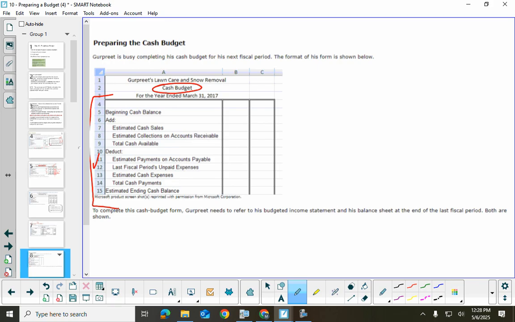We're going to add in any extra cash we're going to get, and we're going to minus off any accounts payable that we have to pay, any expenses we owe, anything else with cash that we might owe, and any other cash payments that we might owe. So essentially all the cash coming in and all the cash going out. Okay? And notice there are 1, 2, 3, 4, 5, 6 things. So we have to figure out 6 numbers.